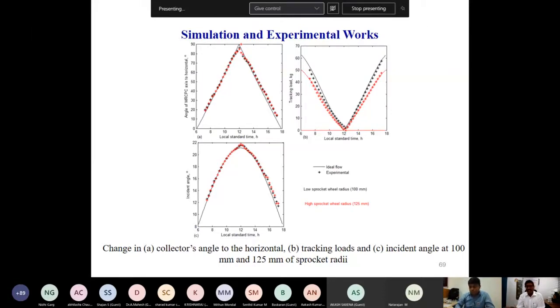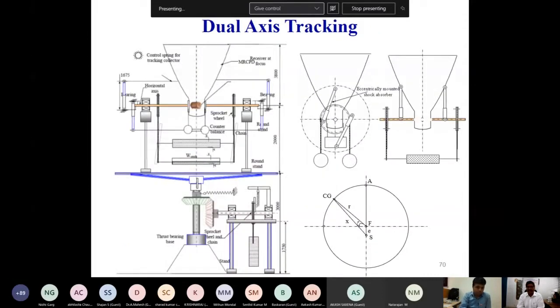The tracking error is defined as the deviation between the hypothetical incidence angle and the actual position of the concentrating collector. These deviations are within the 1 degree limit.